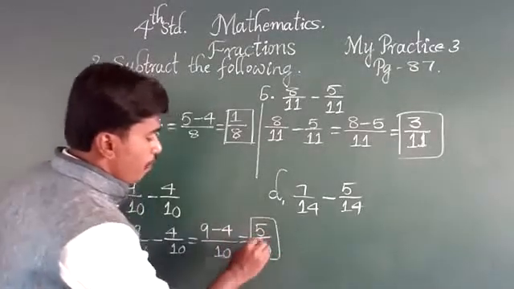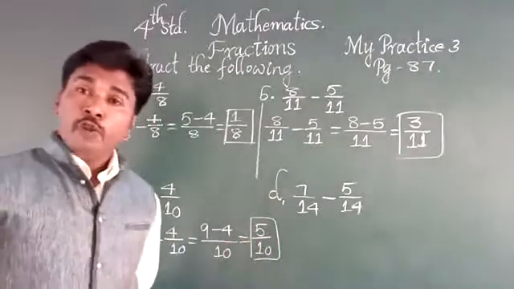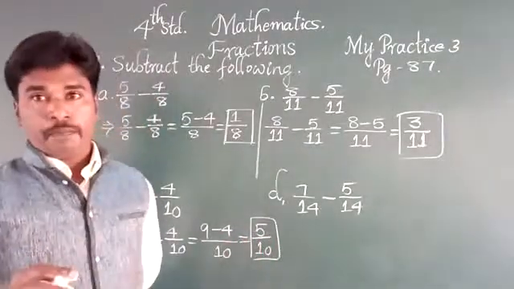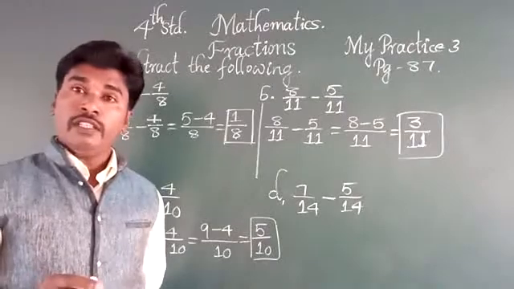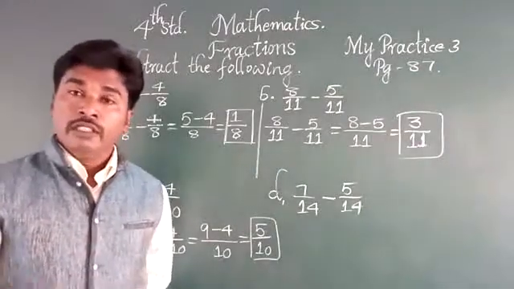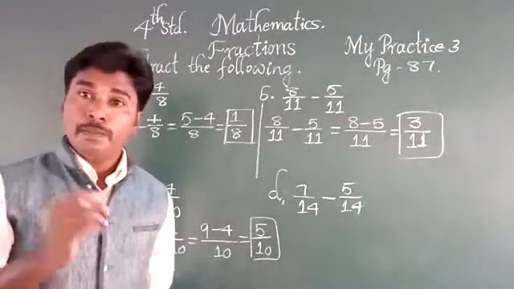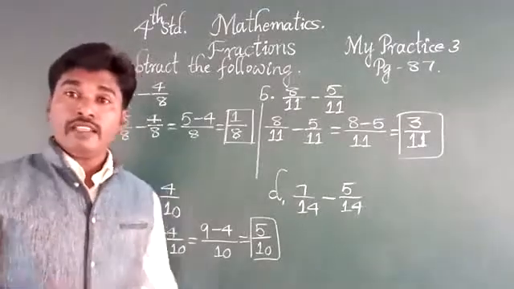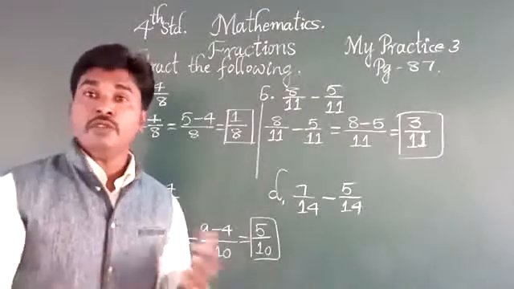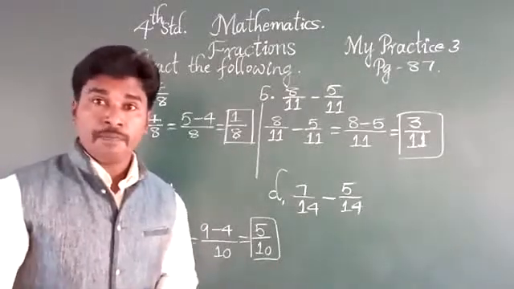Dear children, you can write 5 by 10 in simplest form. Do you know how to write fractions in simplest form? It is also called reducing the given fraction to the lowest term.